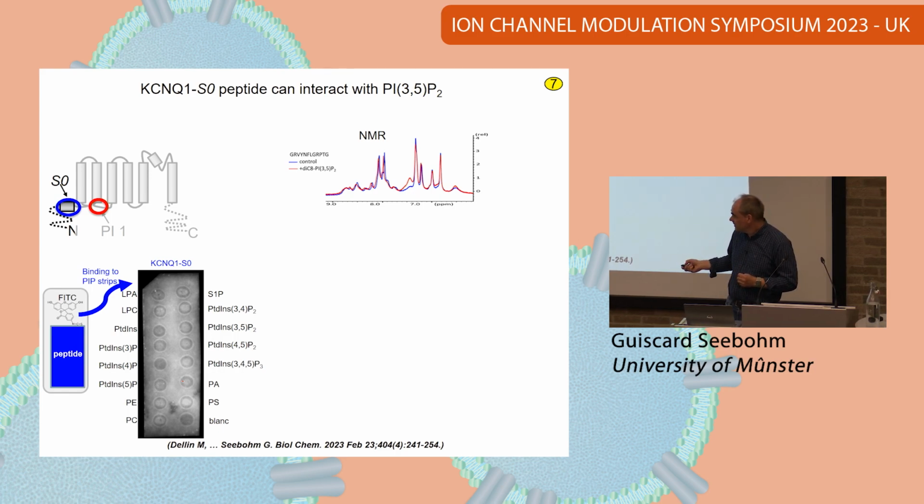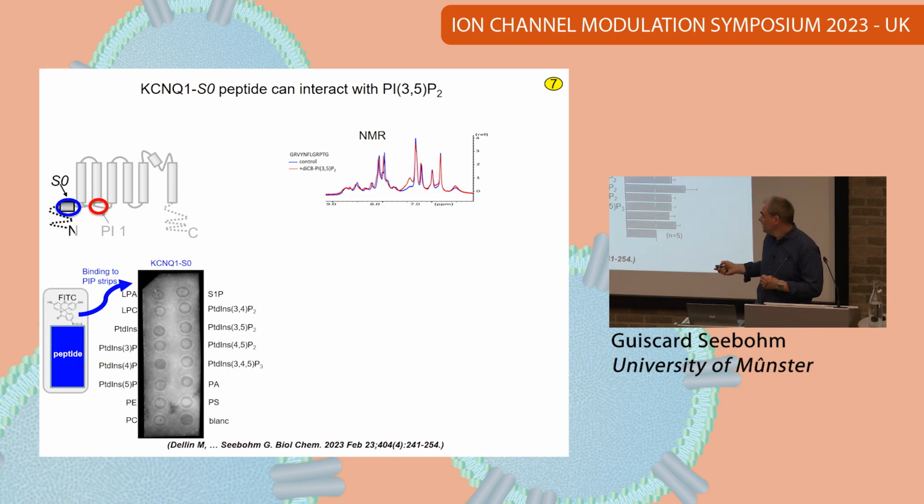So there are different lipids immobilized on some paper, and we just used a FITC label attached to this peptide and put it on, washed the unbound peptide off, and you can see there are some lighter parts in the middle. So the peptide is binding there. However, in the blank, this lighter part is not there.